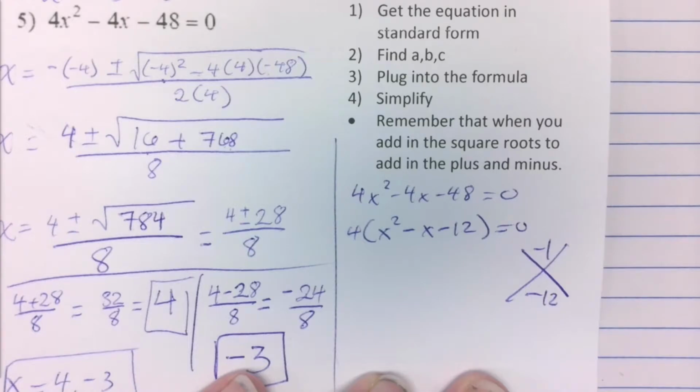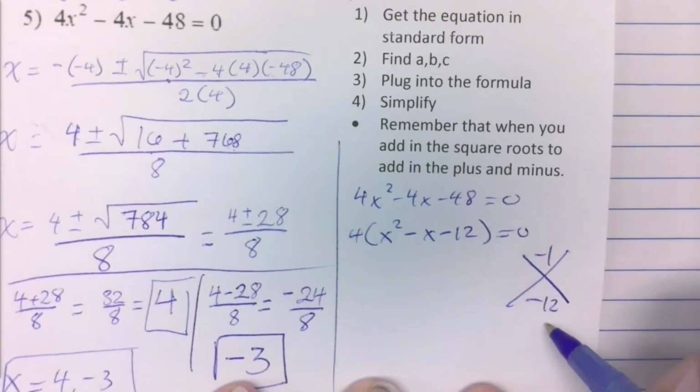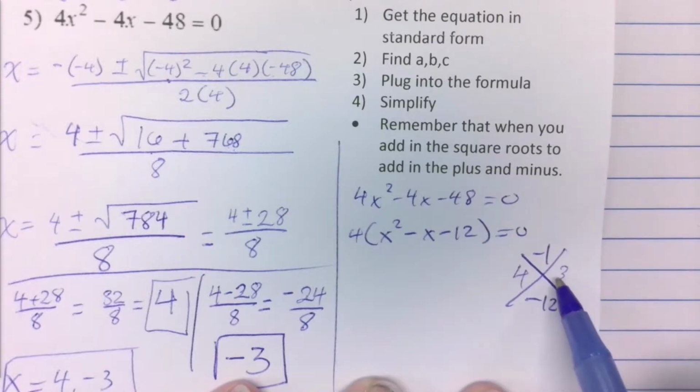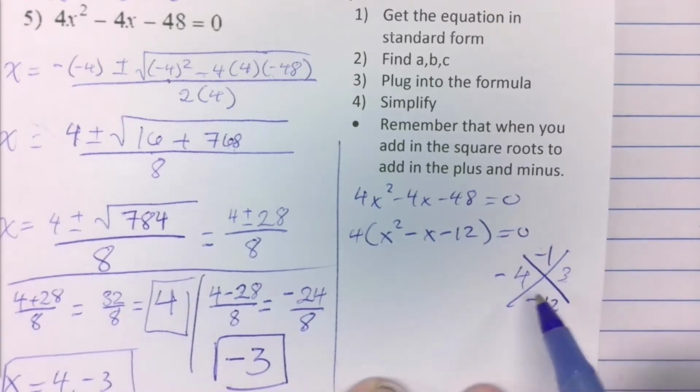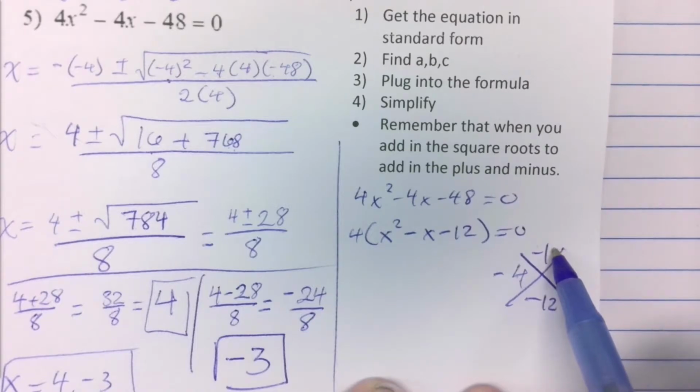Give me two numbers that multiply to 12. 3 and 4. 4 and 3. Which one needs to be negative if I need it to add to negative 1? Negative 4. Because negative 4 plus 3 gives me negative 1.